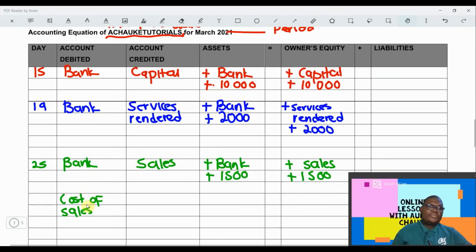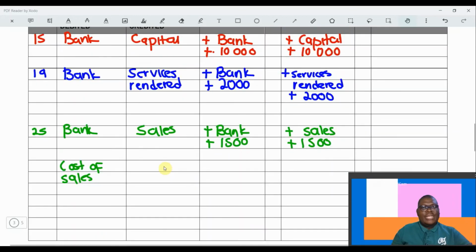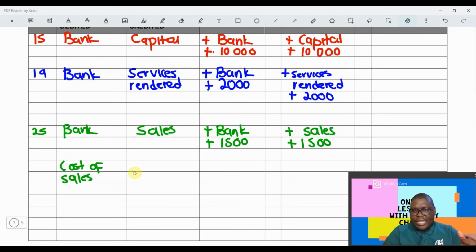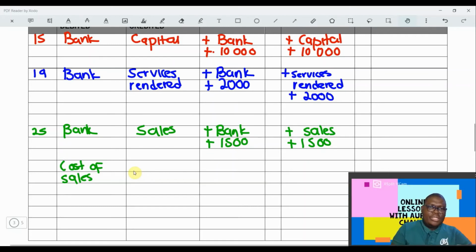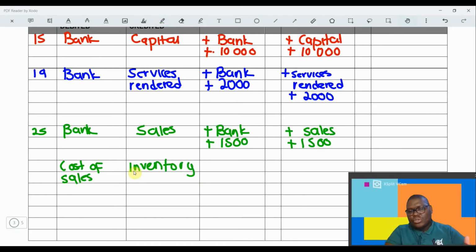Okay, so cost of sales affects the owner's equity section, and then in this case we are also talking about another account. Remember, when you sell stock, your inventory gets reduced. The stock that you had in the storeroom is no longer the same as before you sold, which is why we're saying the inventory account will be credited, and an inventory account is an asset.